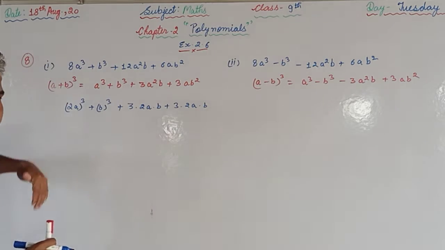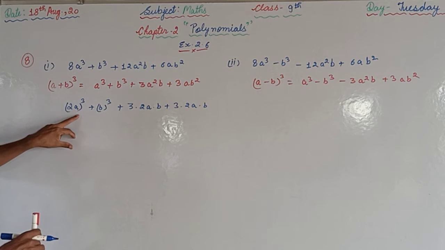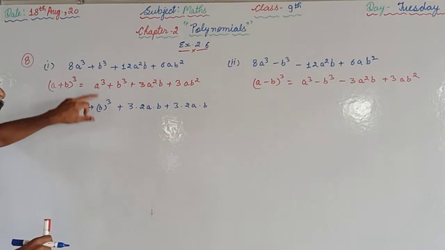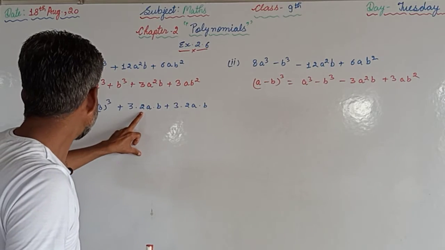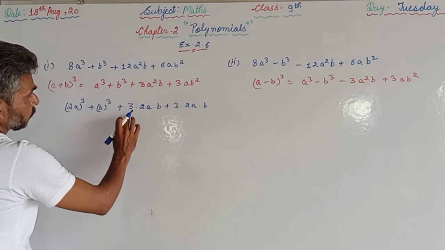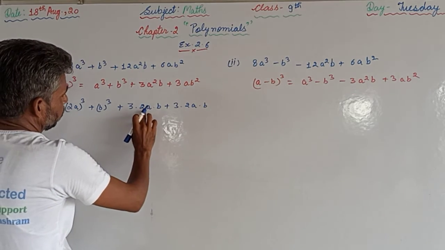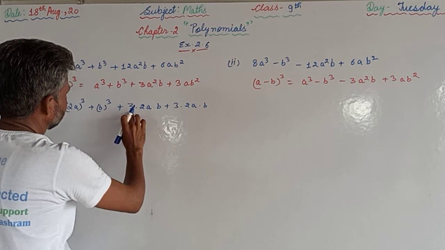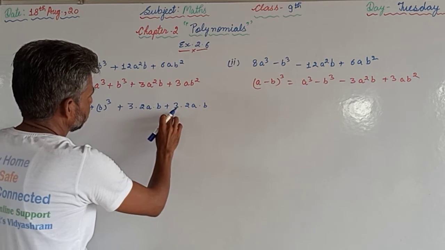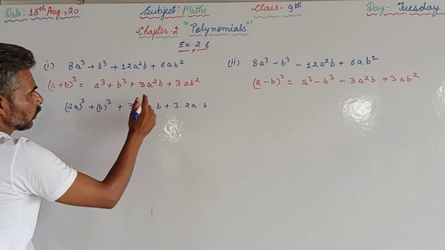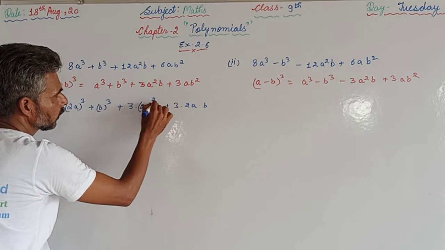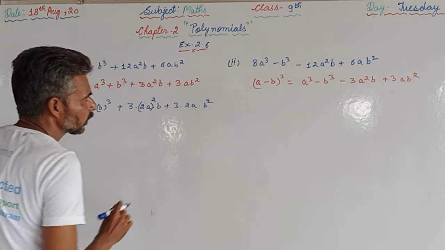Now we will equate whether it is correct or not. (2a) whole cube, 8a cube, b cube, b cube, 3 twos are 6. But here 3a square, so here that should be square, and here b square should be there.